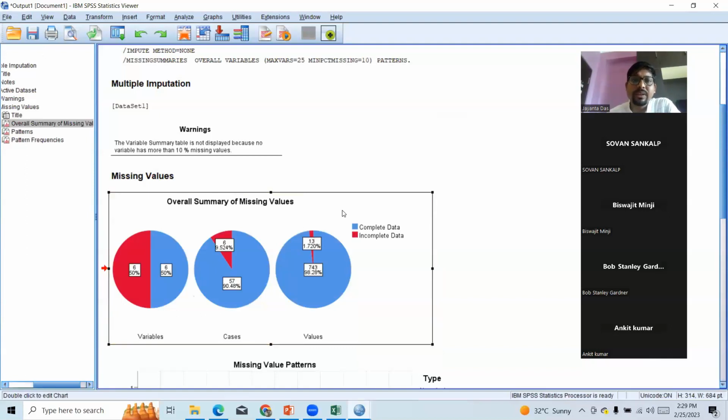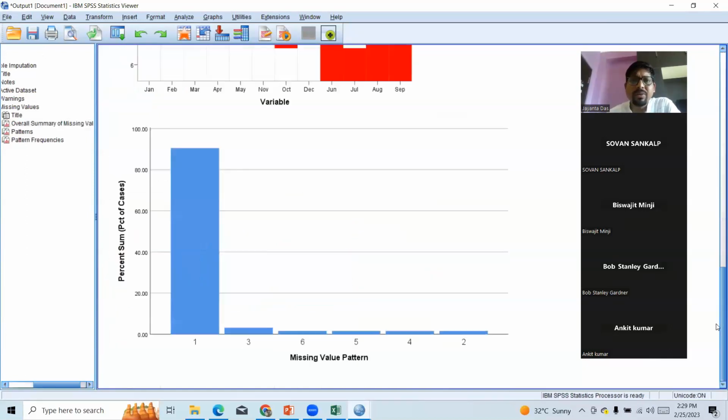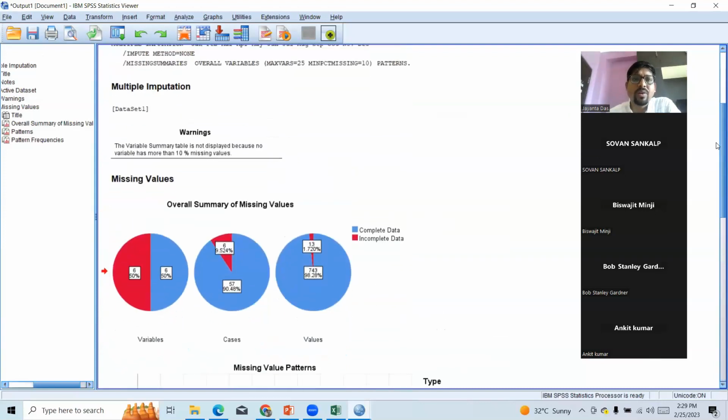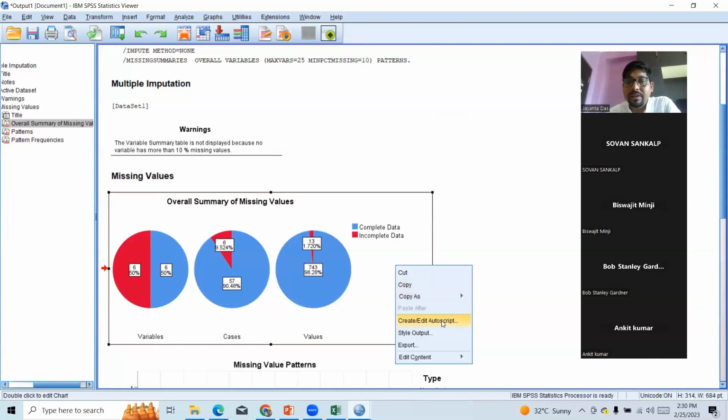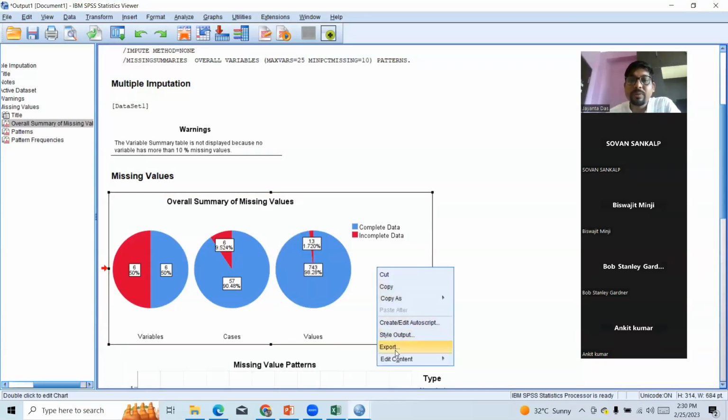Now you can export it this way. There are others also, but no need. We only need this overall summary of missing data. In the variable view, 6 variables have no missing values and 6 variables have missing values. This is the cases: how many cases have missing data? 6 cases. Okay. So we can export it, just right click there and export.